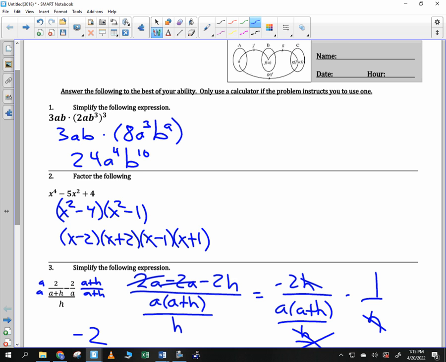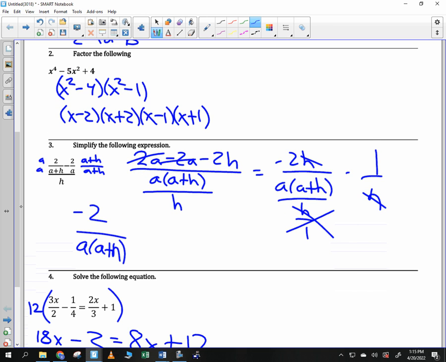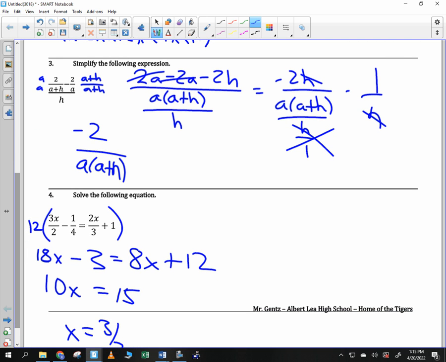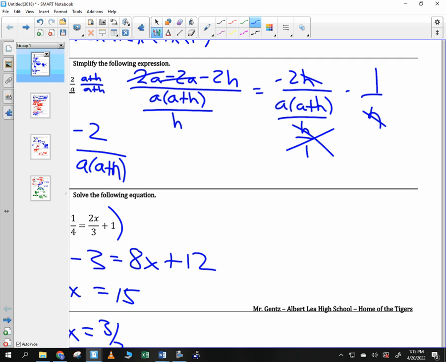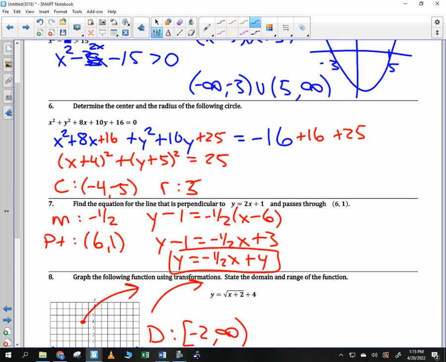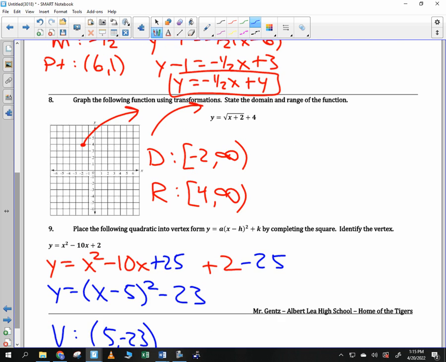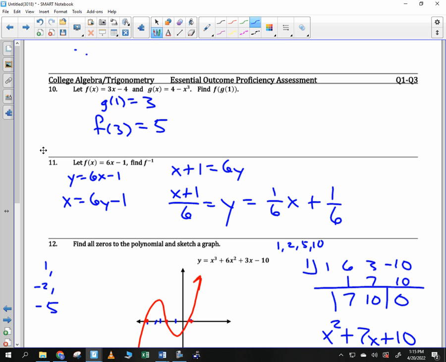So here you got exponents, factoring, a complex fraction, solving an equation by multiplying through by something. Here you got a quadratic inequality, equation for a circle, write an equation for a line, domain and a graph of something, put something into vertex form by completing the square.